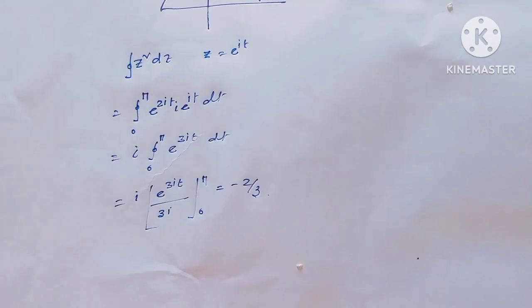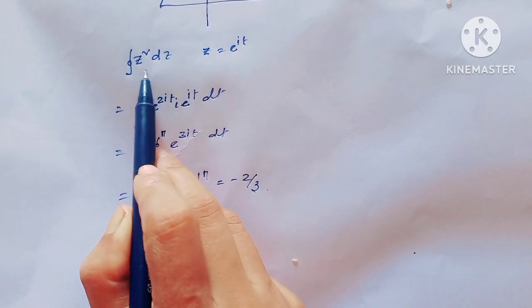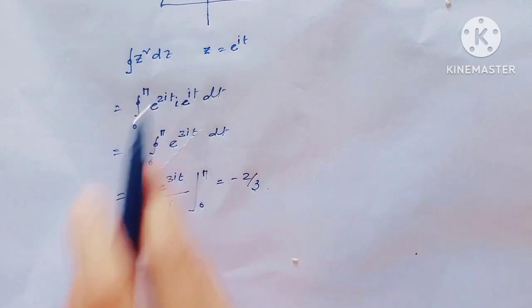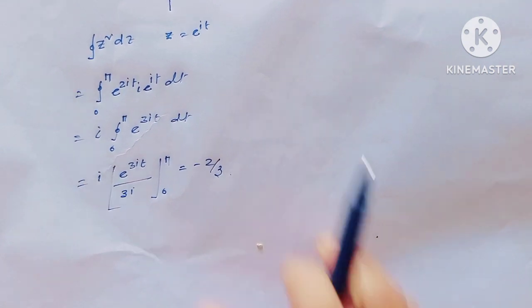But since z square has an antiderivative, we can apply the fundamental theorem of contour integral.